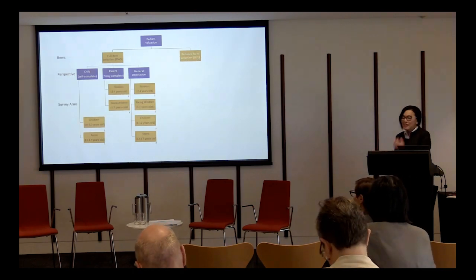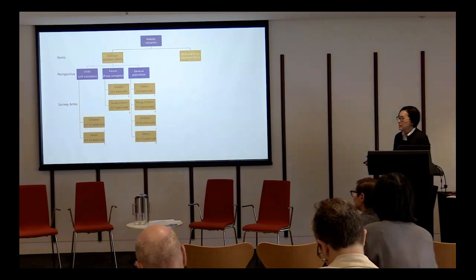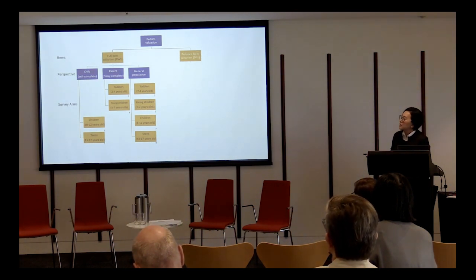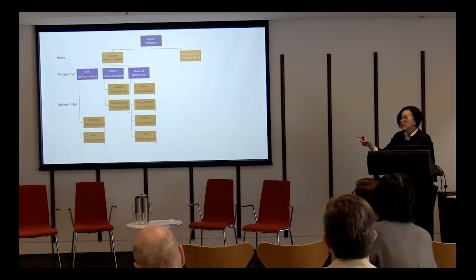Okay, so here, this is just to say that we actually may look to value across all those 4 modules that I presented to you earlier. For the child completes, we got them to complete the 8 to 12 module and the 13 to 17 module.